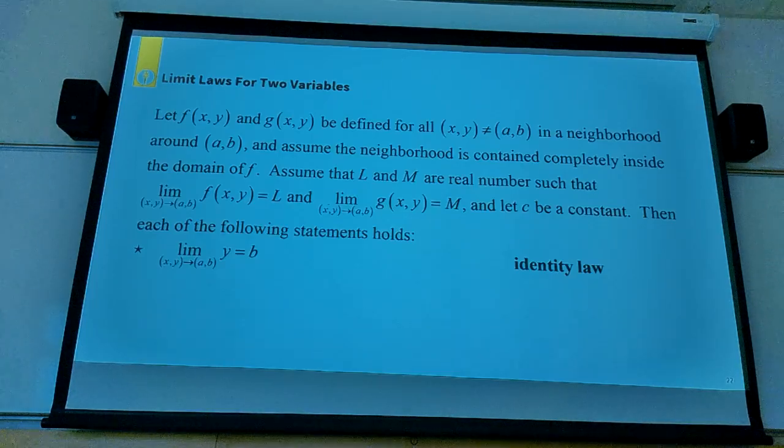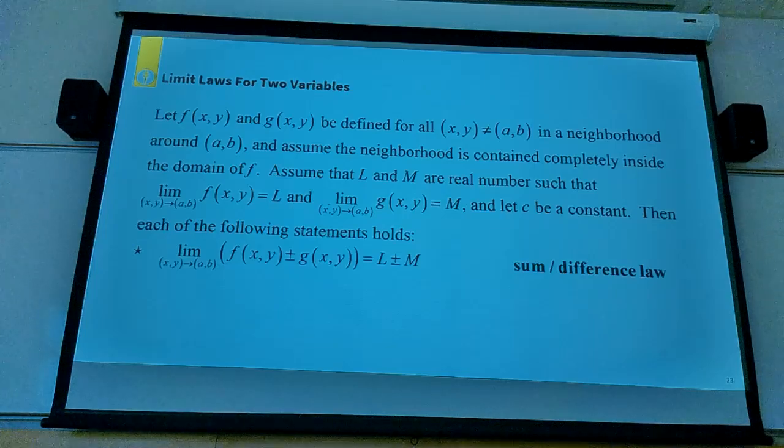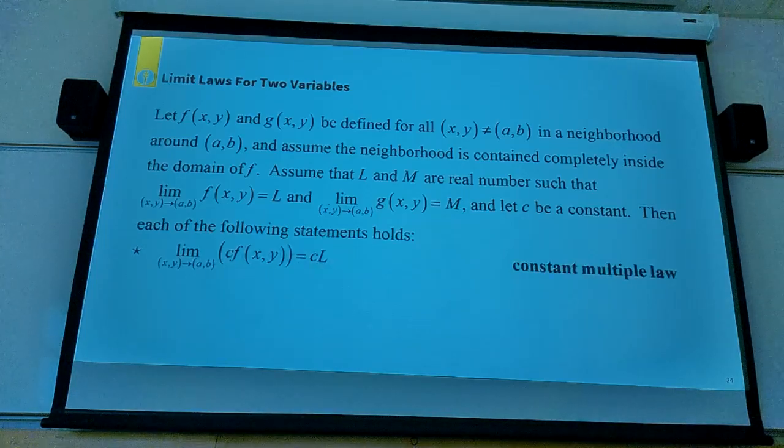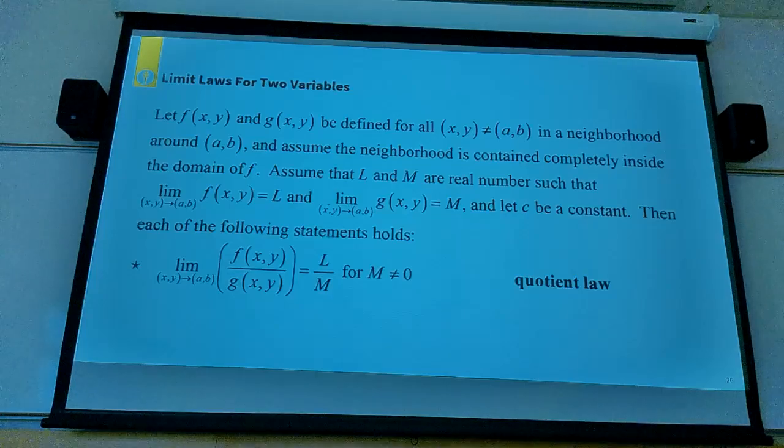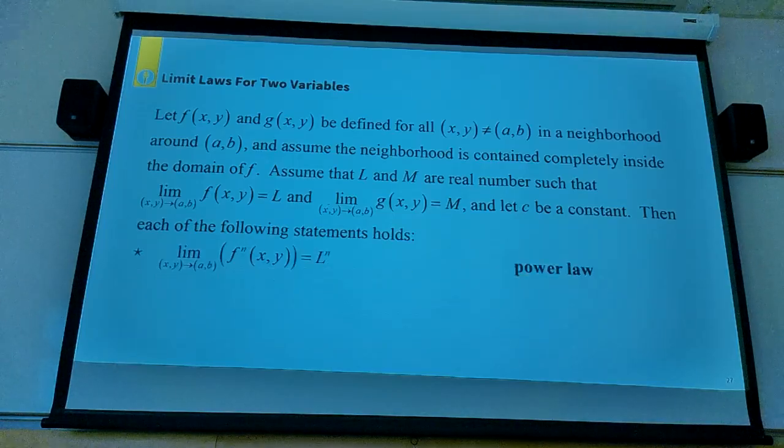You still have your sum and difference laws. The limit of a sum or difference is the sum or difference of the limits. You have the scalar multiple law: if you have a scalar multiple, you can pull that scalar outside of the limit. You have your product law: the limit of a product is the product of limits. You have your quotient law: the limit of a quotient is the quotient of the limits, as long as the limit of the denominator is not 0. Still have your power law, and your root law from Calc 1.